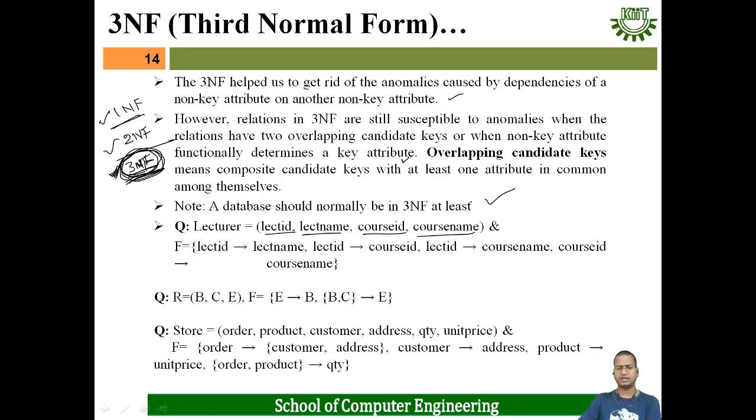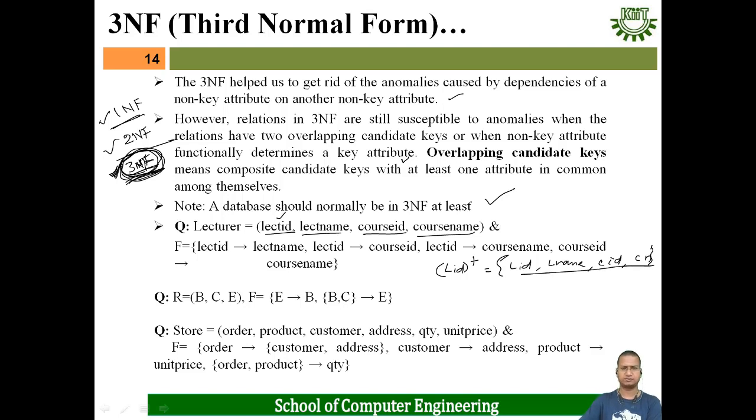To find that out, first we have to find the candidate key. Suppose the lecture ID closure will be: lecture ID, lecture name, course ID, and course name. That means all the attributes can be functionally determined from lecture ID.